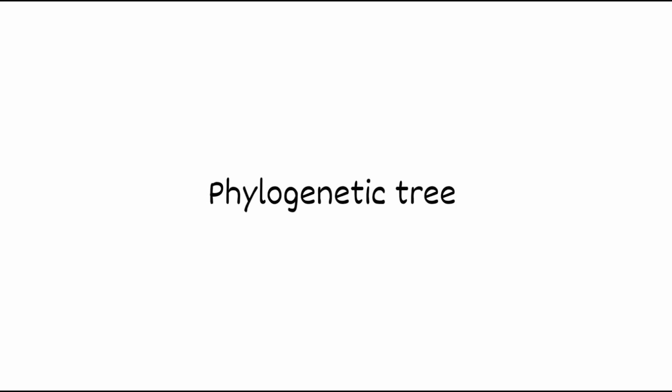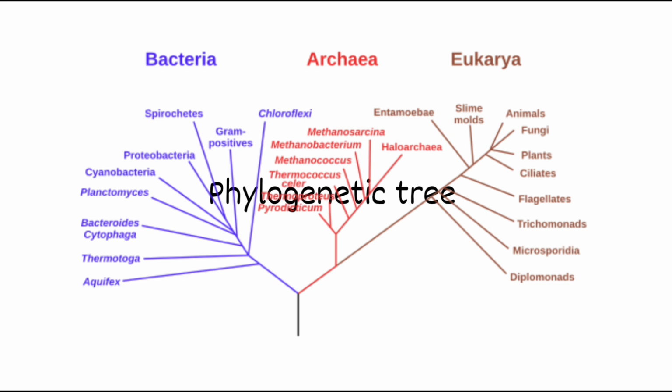Then the phylogenetic tree shows the relationship between organisms, their characteristics, genetic background, and mostly the evolutionary relationship. If we compare the cladogram and the phylogenetic tree, the phylogenetic tree has more value when we discuss the relationship of organisms with respect to ancestors and evolution.